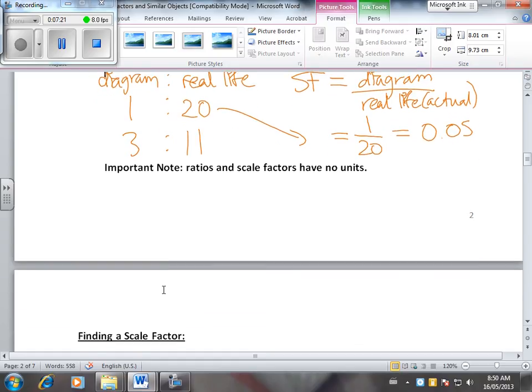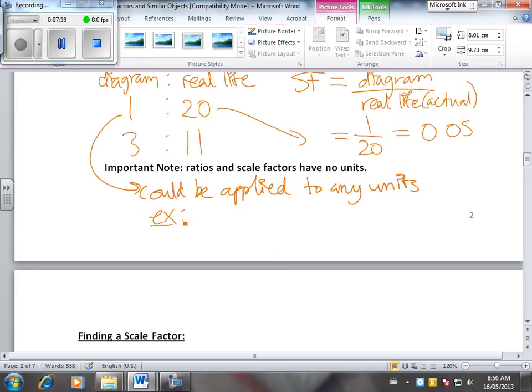So the 1 to 20 could be applied to any units. Like, we could say a ratio of 1 meter to 20 meters, or a ratio of 1 foot to 20 feet. Okay, so the units just depend on what you're looking at and the information you're given.